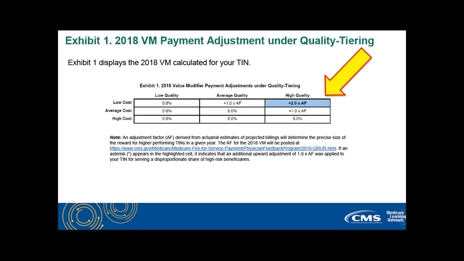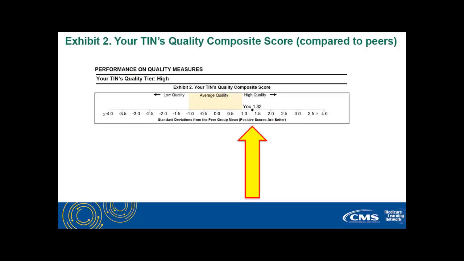Had they been taking care of a cohort that was even sicker, meaning in the 75th percentile or greater, then they would have achieved a 3% bonus. So that's the mechanics of the QRUR system. So the QRUR is quality in the numerator and cost in the denominator.